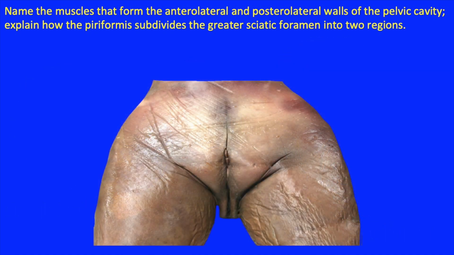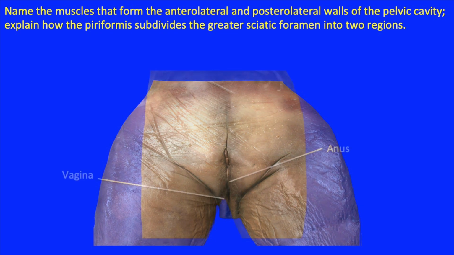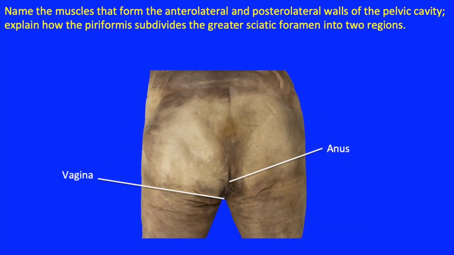A very common approach to reveal the floor and lateral walls of the pelvis is to look at the cadaver from the back as I am showing here. The image is of a female gluteal region. For orientation purposes, I am labeling the anus and the vagina in the cadaver. These are midline structures of the pelvis, and it is a good idea to focus on the location of these structures.